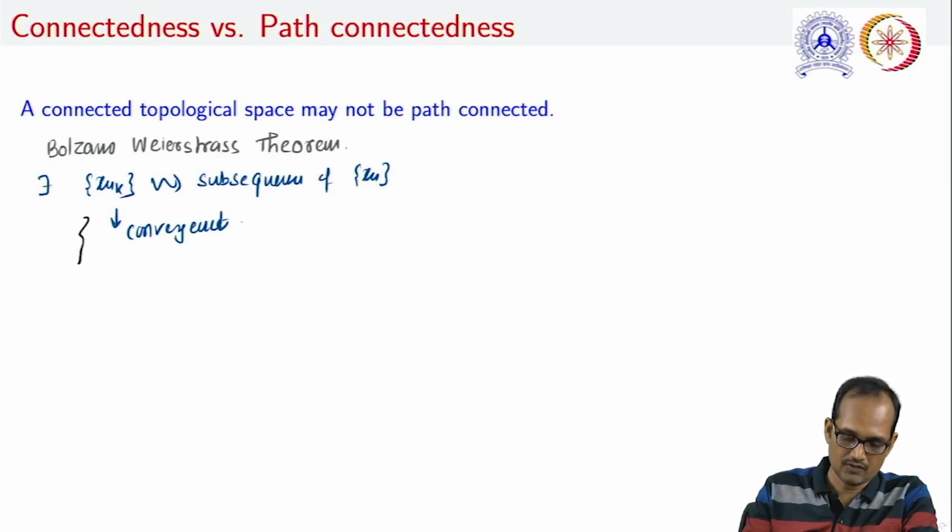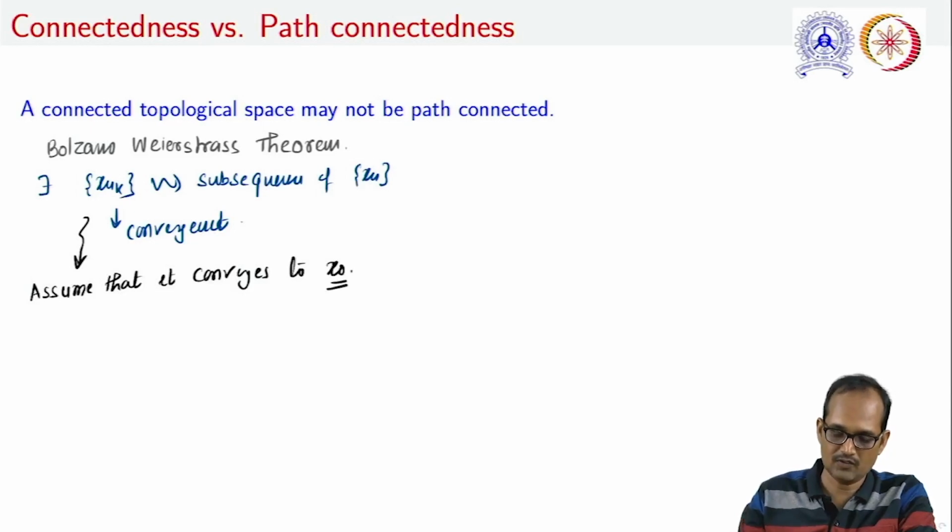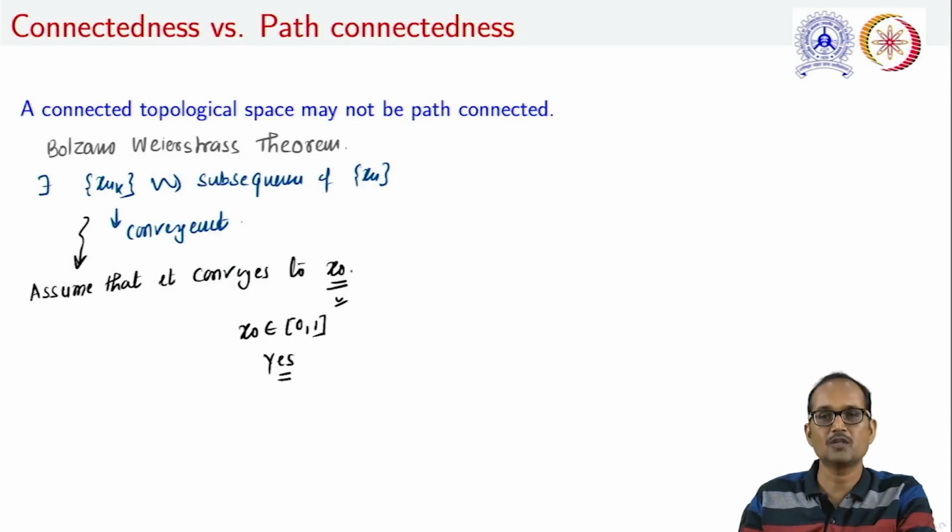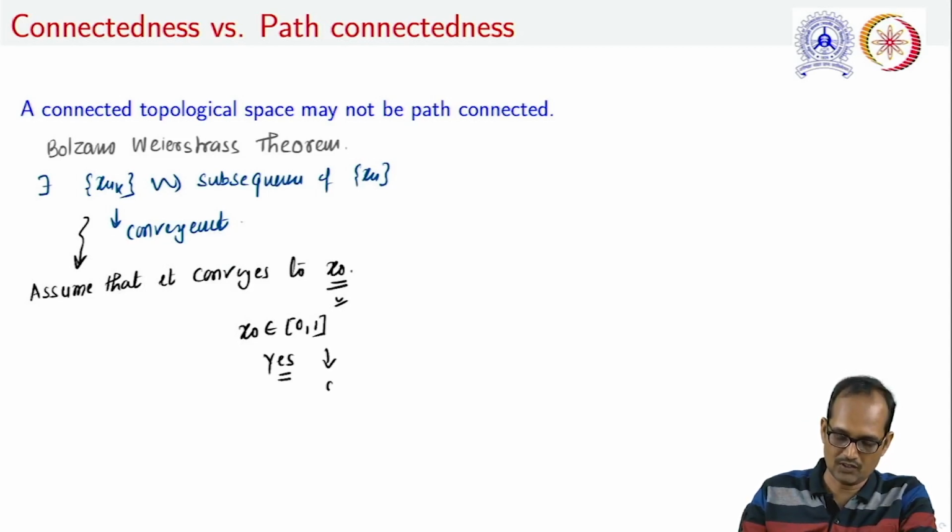Now, assume that it converges to an element x naught. Question is, whether x naught belongs to the closed interval [0, 1]? Answer is yes. It belongs to this closed interval because this is a closed set.